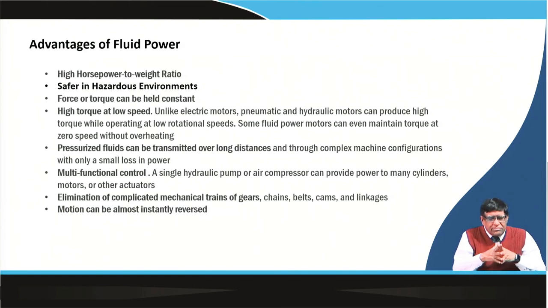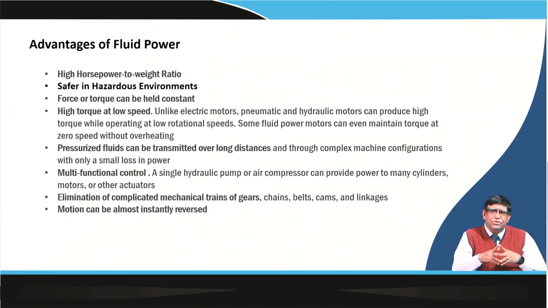Similarly, in power transmission by gears, chains or belts, there are cams and different links; all those components are not necessary. So the motion can be reversed almost instantly, as fluid can easily flow in the opposite direction if you manipulate it.